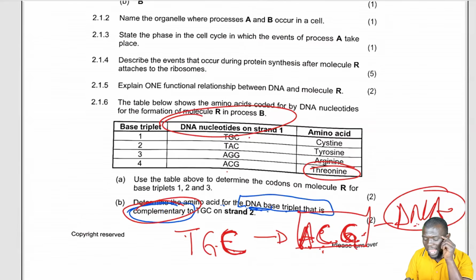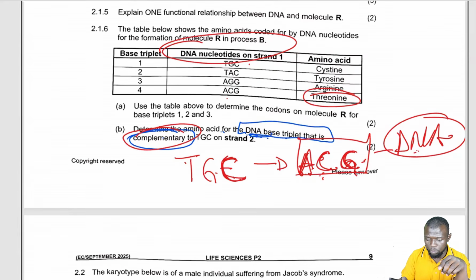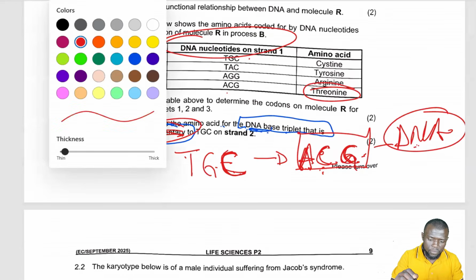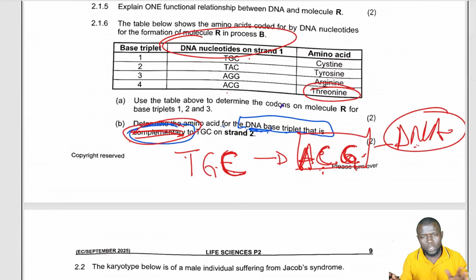So you guys, you see these questions. Even me, I was lost because I couldn't see this because of the words there. So make sure that you take note of these questions. Don't just give the answers and go. Please make sure that you read these questions, because a small mistake like this costs you.